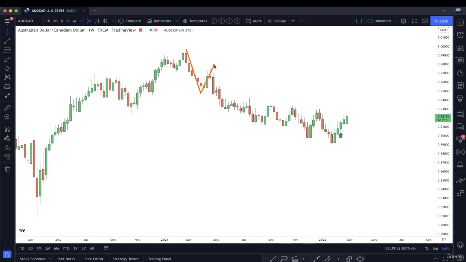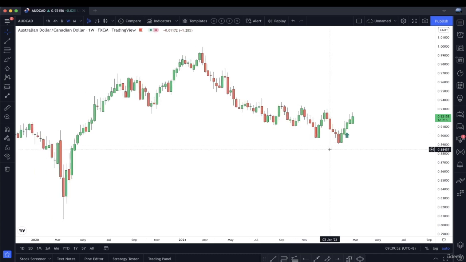So you have these lower lows and lower highs. Now at this point, price is accelerating, and then it decelerates, right? Very obvious on this price action.